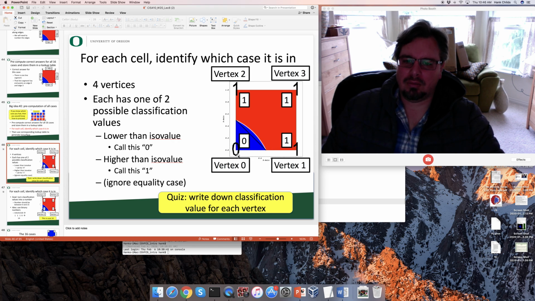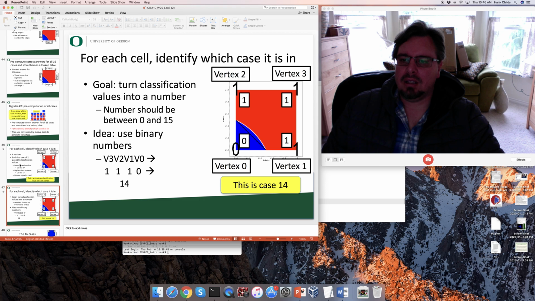These are like floating point values, 0.00 and 1.00, and this is like a single bit, like a false or true. So I don't love that this says 0 and 0, but they actually mean different things. But you would go to every vertex and say, is it lower than the ISO value or higher than the ISO value? And then get a 1 bit, a 0 or a 1.